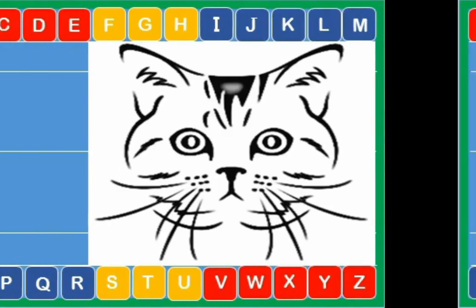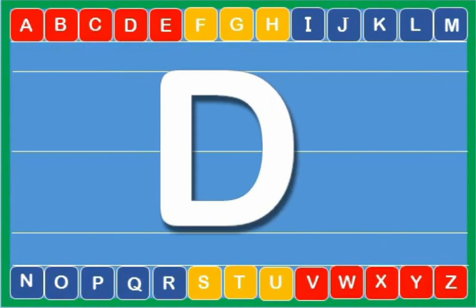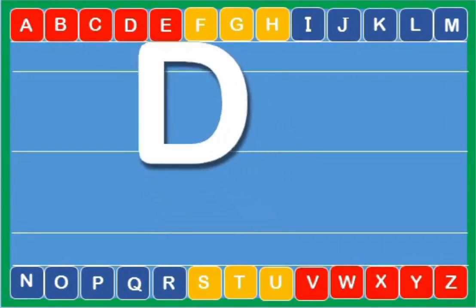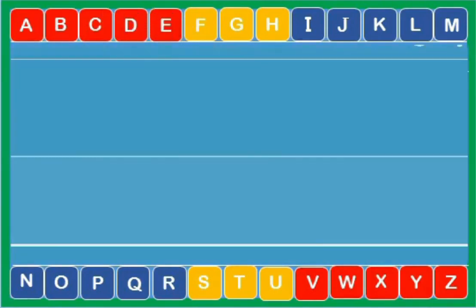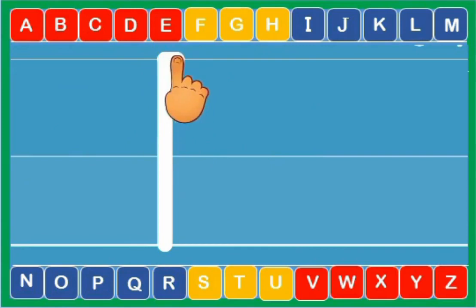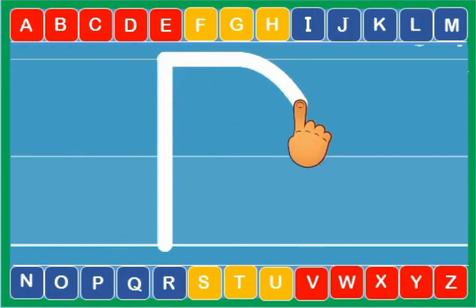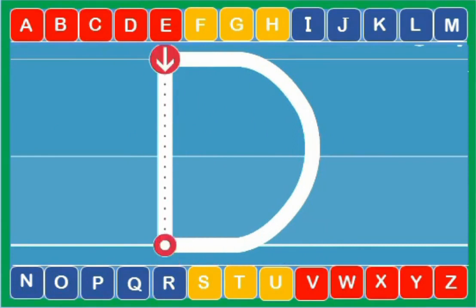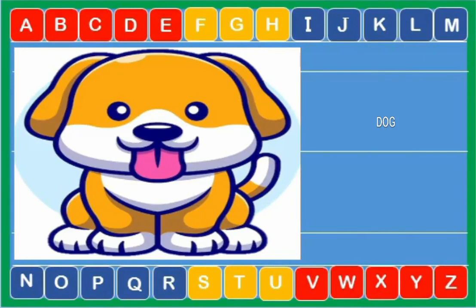Next is letter D. A stroke down and a right curve. D for dog.